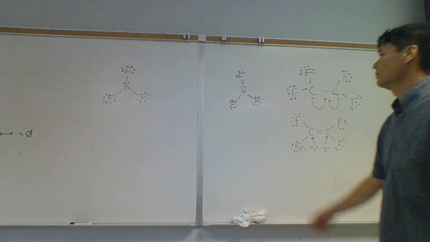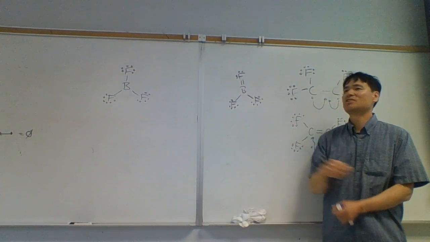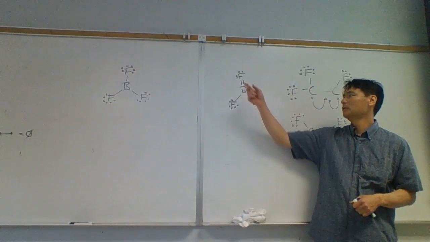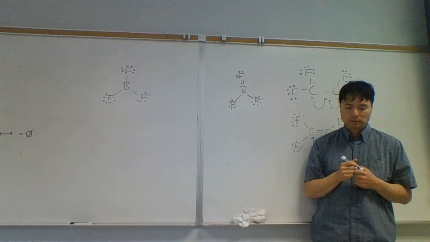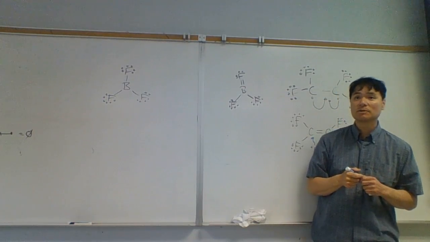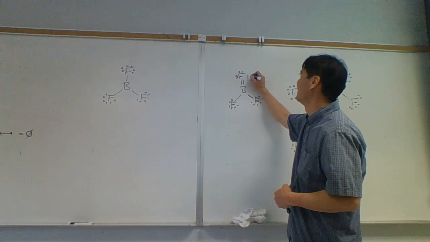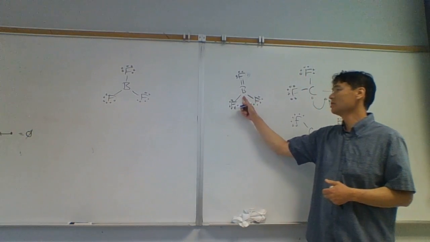The rule comes from this. If fluorine were to form a double bond, what would happen to its formal charge? What is the formal charge of this fluorine here? It has 6. It's supposed to have 7, so it comes up 1 short. What's the formal charge on boron here?